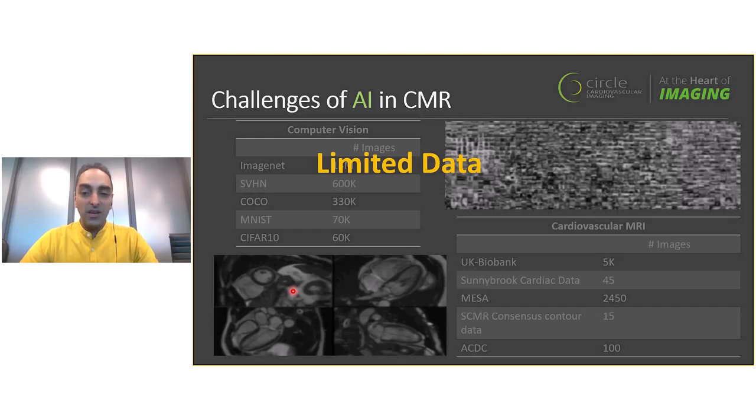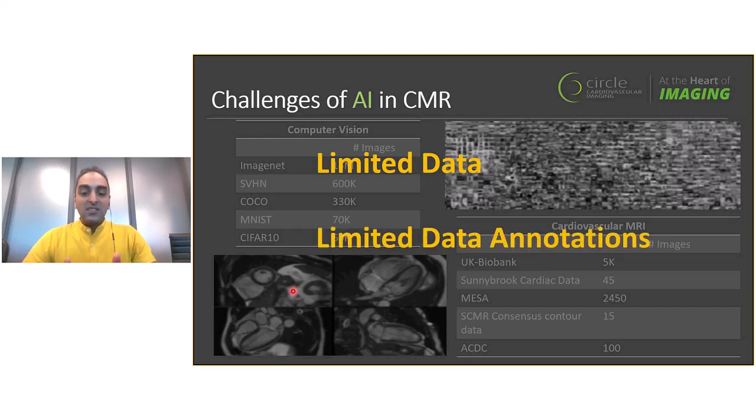And furthermore, even if we are able to get that data, there's a challenge when it comes to annotations, right? So when it comes to computer vision tasks, we can simply outsource the task of annotating these natural images to the general public, right? You don't necessarily need a doctorate degree to be able to tell the difference between a cat and a dog, right? Presumably.